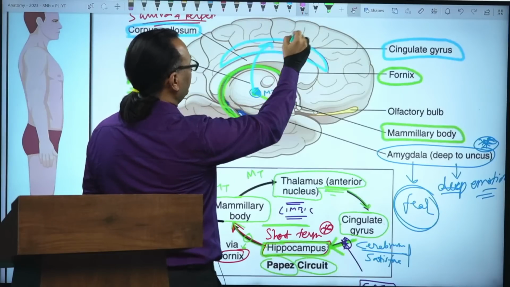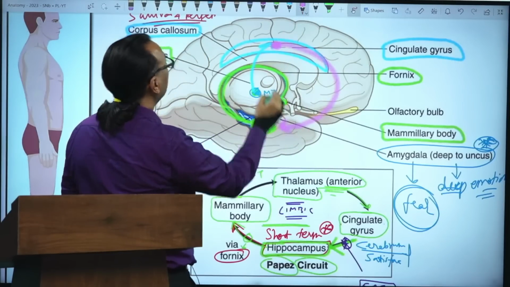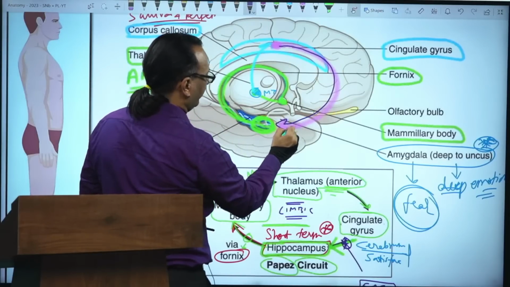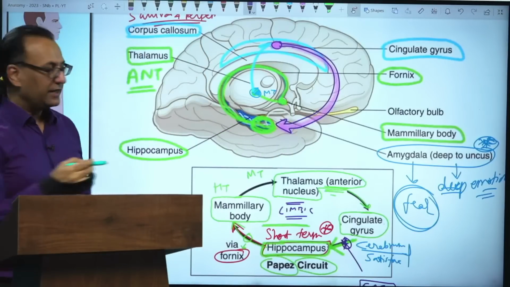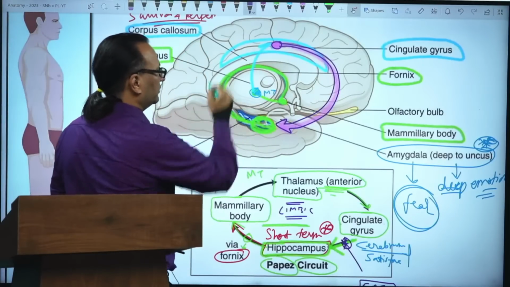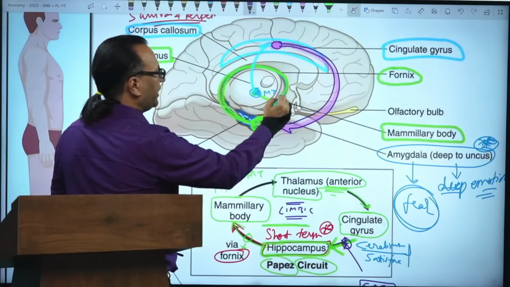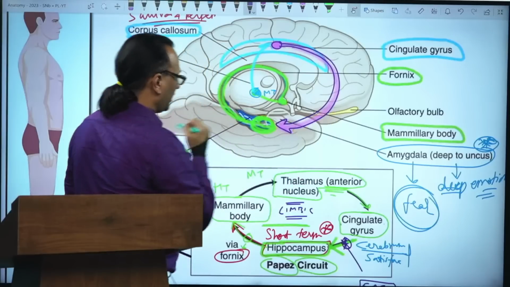The information is now coming to hippocampus again. If it is coming to hippocampus again, it is a loop. Hippocampus, fornix, to the mammillary body, to the thalamus, to the cingulate gyrus, and back to the hippocampus.